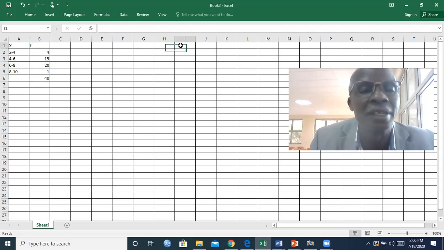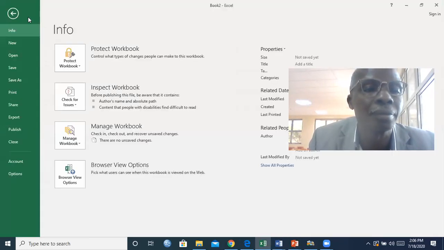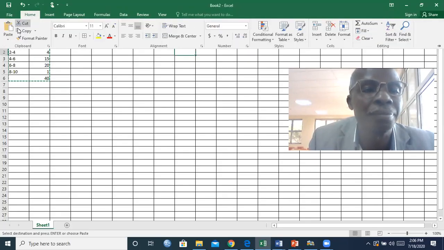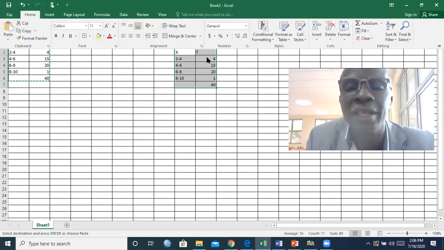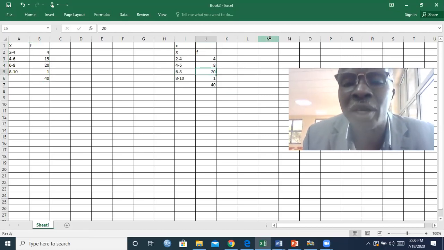Then on this end, somebody else takes a sample. Let's just take the same values, 2 to 4 and so on. Let's reduce the frequencies: this one is 8, this is 13, that is 8, then this is 10.